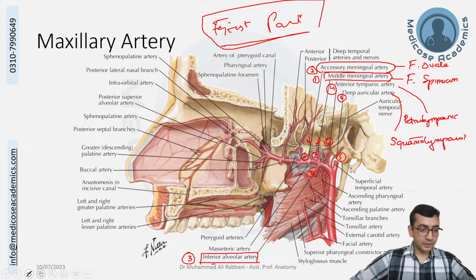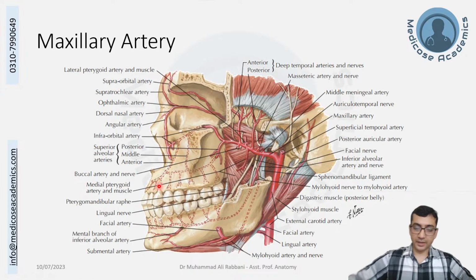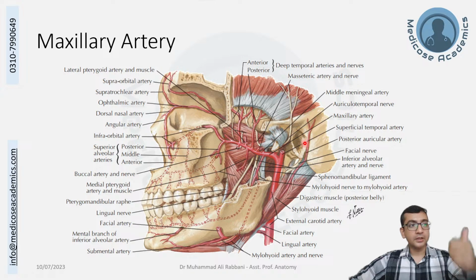Okay, let's dive into the second part. Let me clear all the ink on the slide. The second part, we talked about, was supplying all the muscles. So which muscles were there in the infratemporal fossa? There was the lateral pterygoid, there was the medial pterygoid, and there was the inserting point of the temporalis muscle.